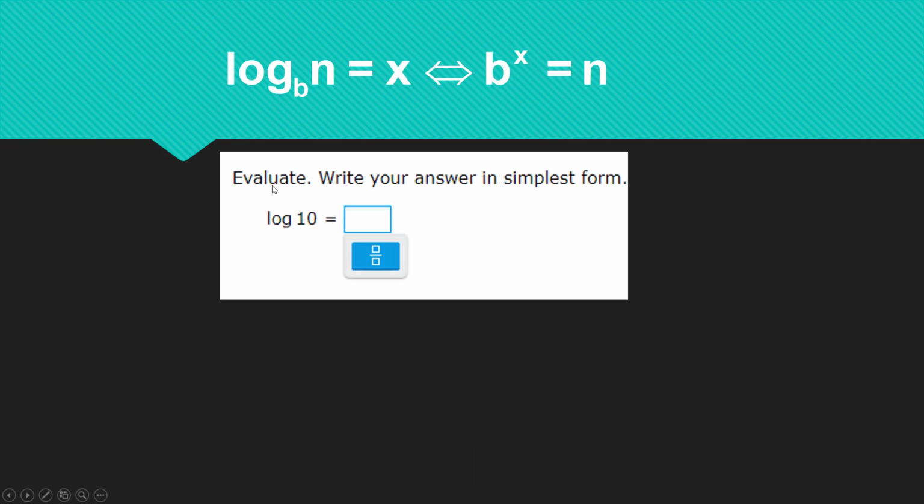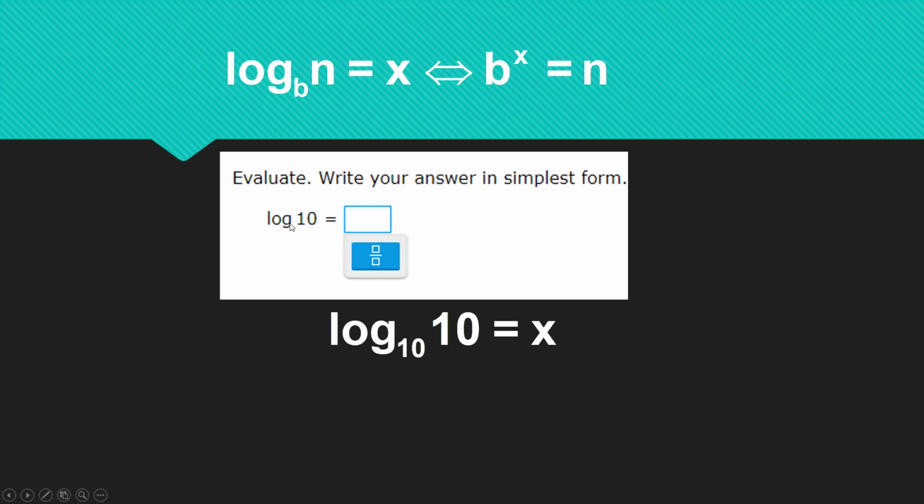All right. Suppose we want to evaluate this log. Okay, notice that this log doesn't have a base that's written. This is what we call a common log. And we understand when there's no base indicated that the base is 10. So we can think of this as log base 10 of 10 is equal to x.